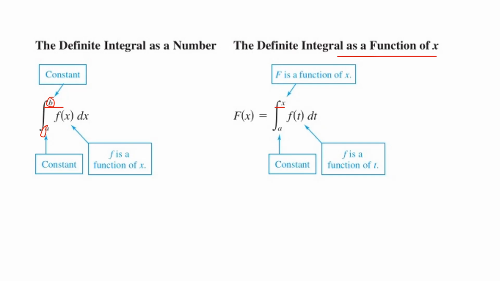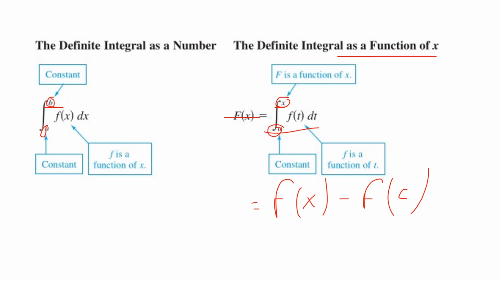Because according to the fundamental theorem of calculus, if we were to compute the integral of f of t between a and x, we'll end up with F of x minus F of a.